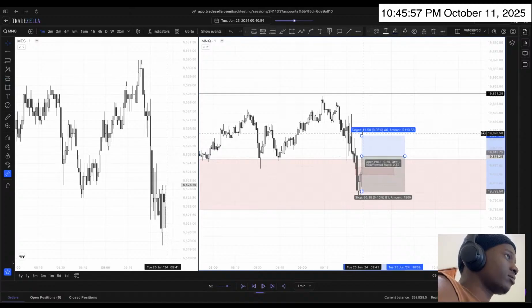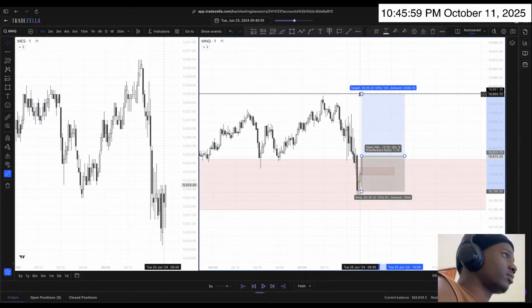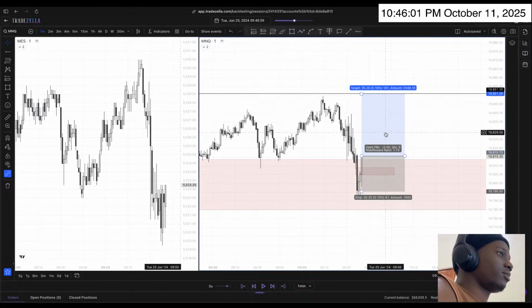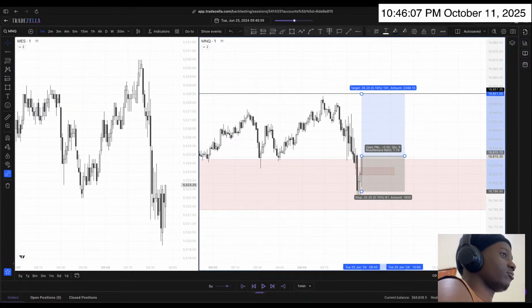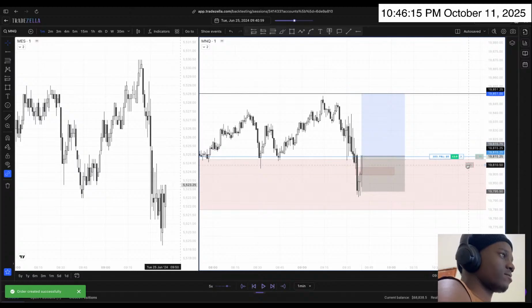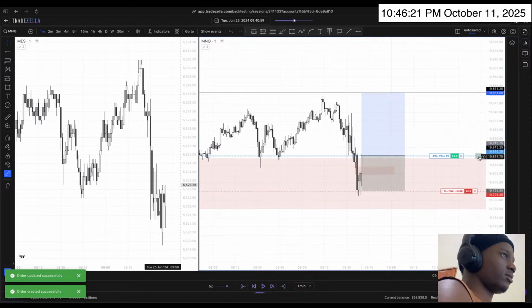This is 20 handles, target, small RR. This is 20, so that's 500. 40, 12.5 plus 12. I buy this. Now my stop will be here, and my take profit will be here.